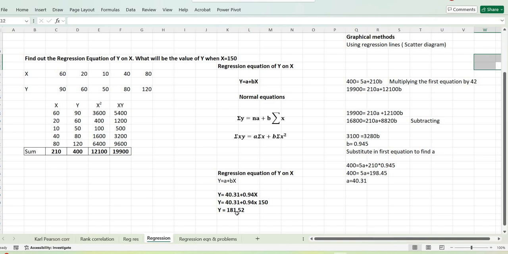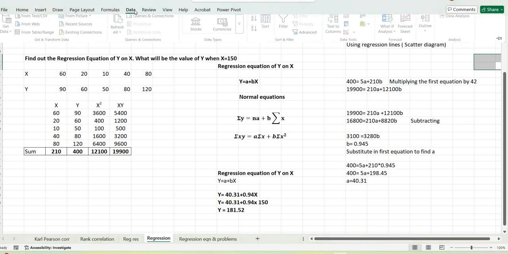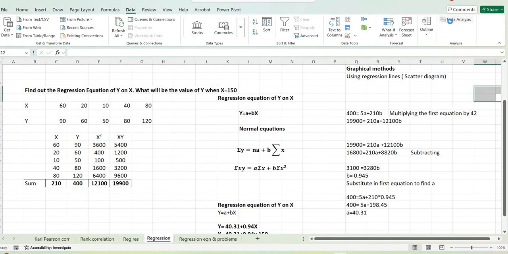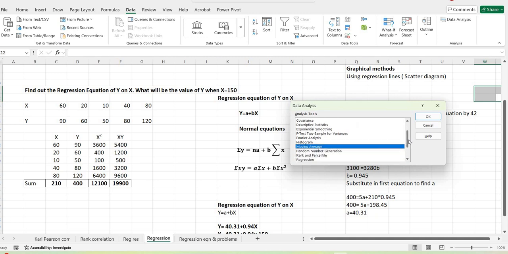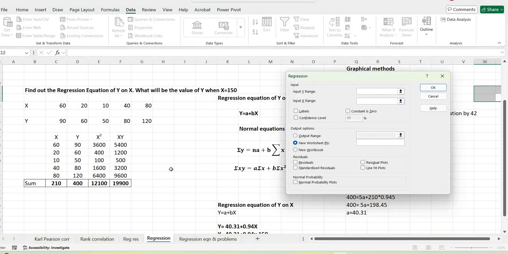This can be solved using the data analysis pack. So in the data analysis pack, we have to choose regression. So we have to feed in our y range and x range.